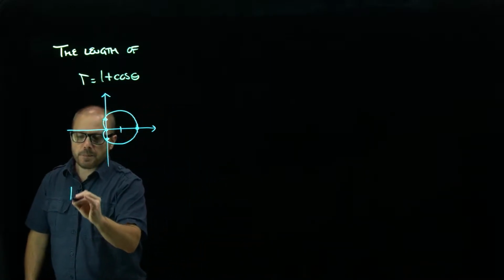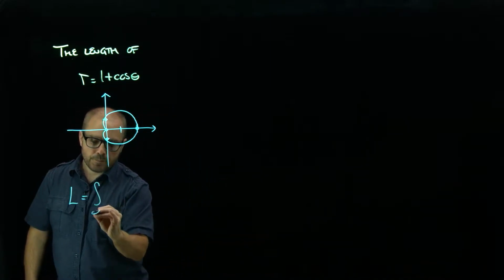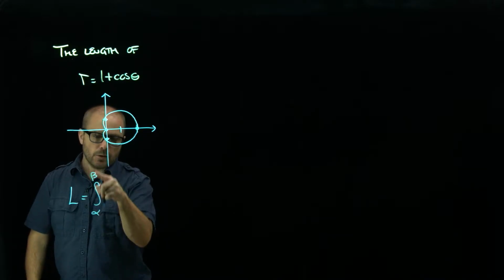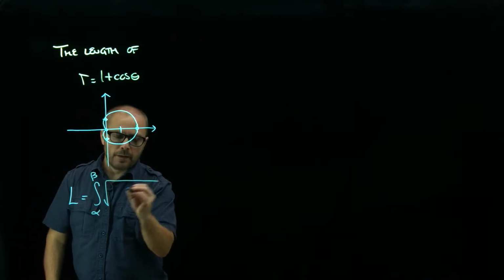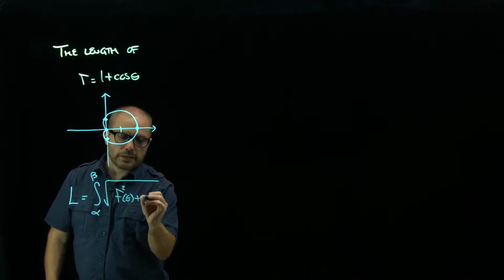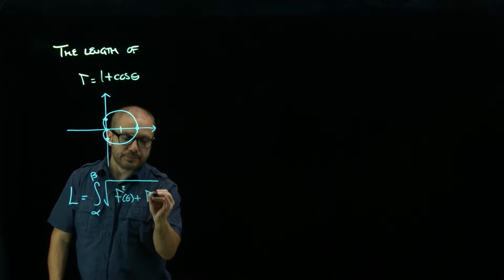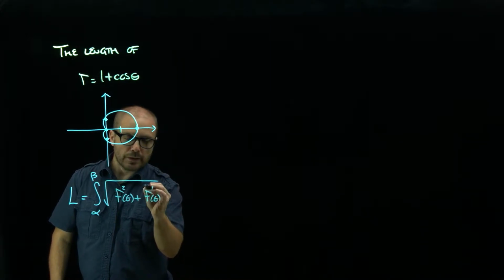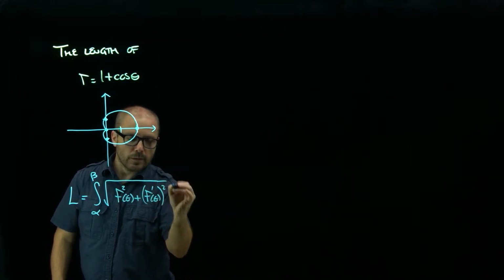And remember, length was the integral from alpha to beta of the square root of our function squared plus the derivative of our function with respect to theta squared.